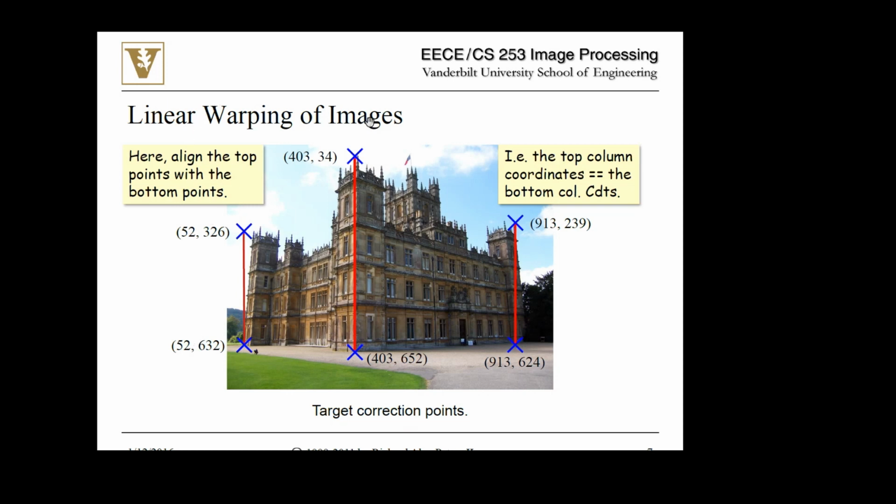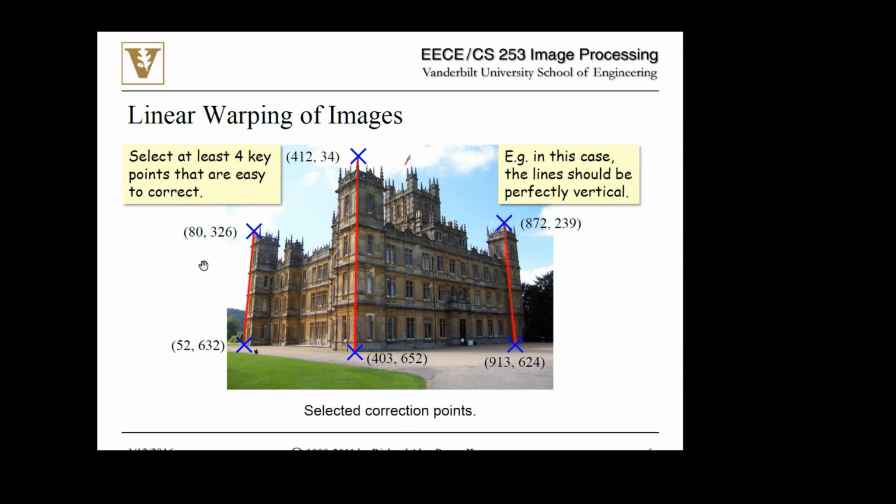This is X in this direction, Y in this direction. We have some coordinate in X, and this one, because it should be straight, should also be the same. The Y can change, but the X cannot. The X has to be 52, and it was not at the beginning.